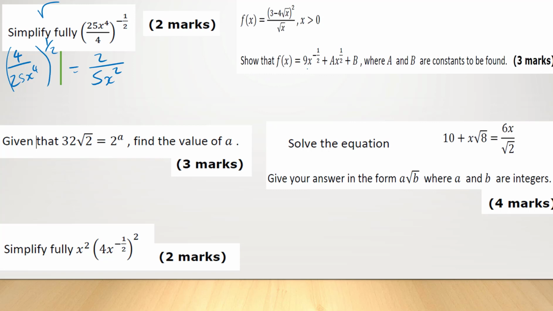Similar to the last question we did, please feel free to pause the video at any time and give these a go. Or if you want to run through, just play the video and then do try all these questions again to make sure you can do it. This is 8, x is greater than 0. We're going to expand the top bracket. Ooh, that's a 4 root x all over root x.